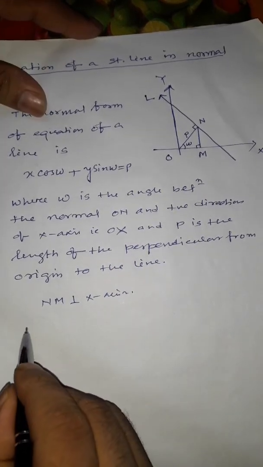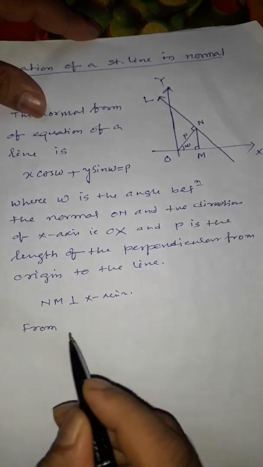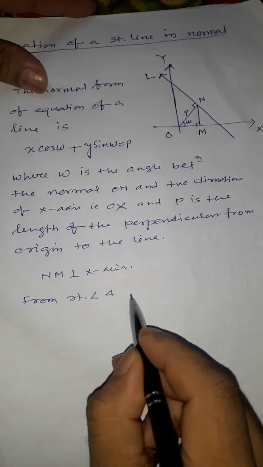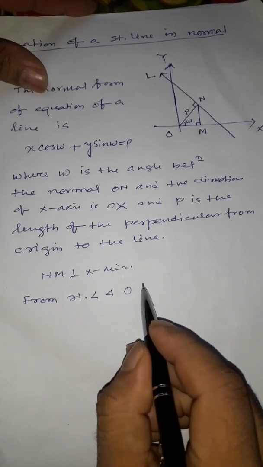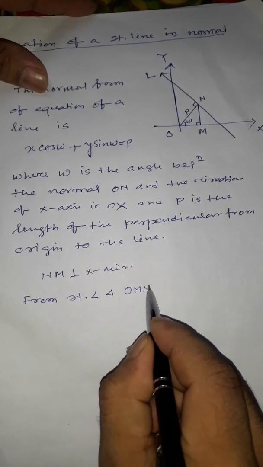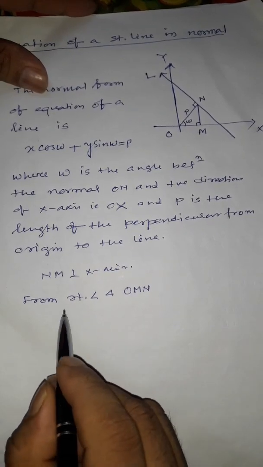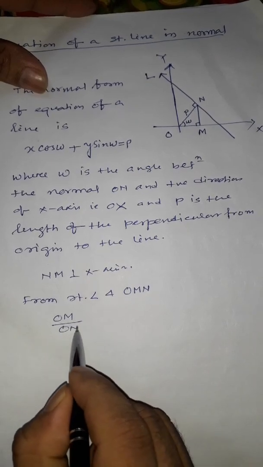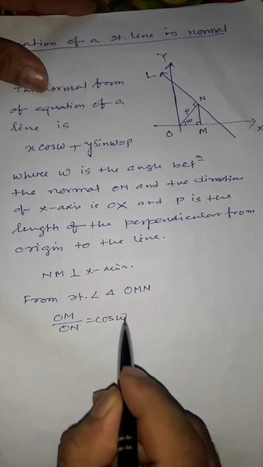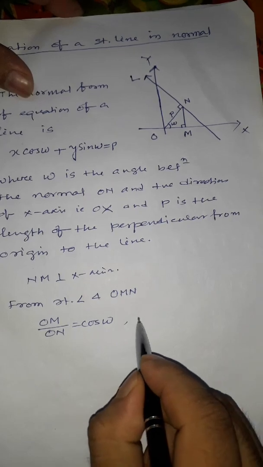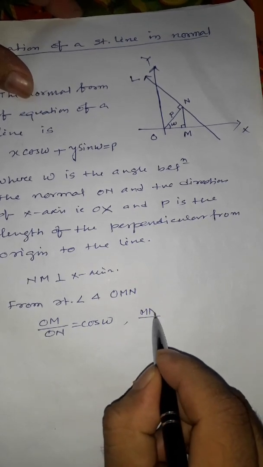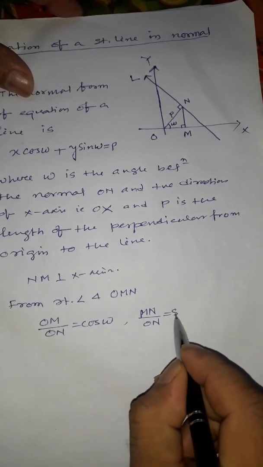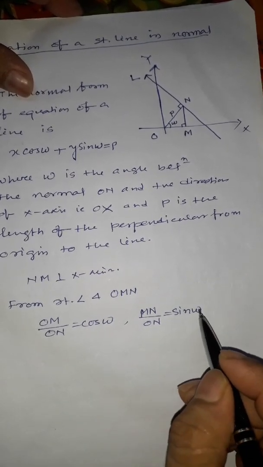Then from right angle triangle OMN, OM by ON is cos omega, and MN by ON is sin omega.